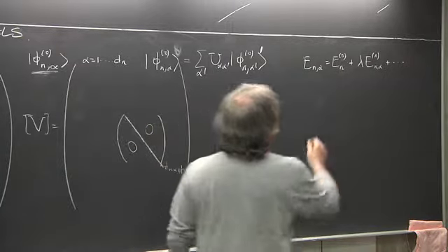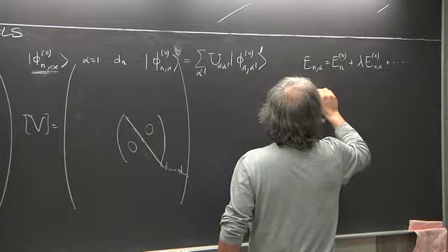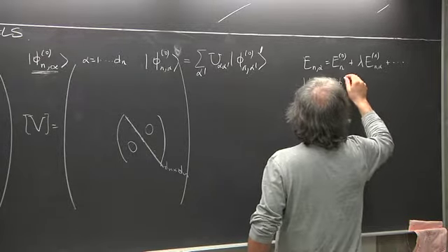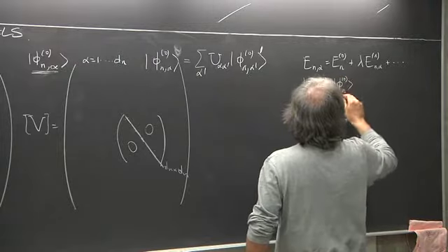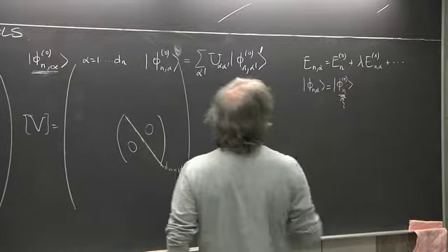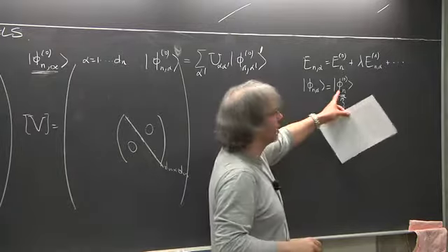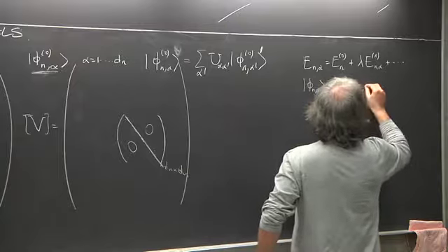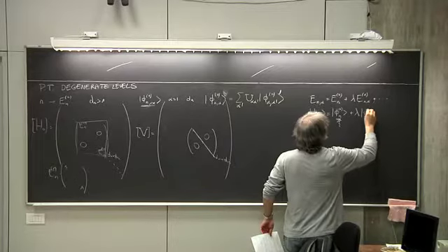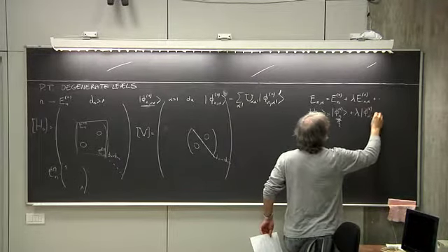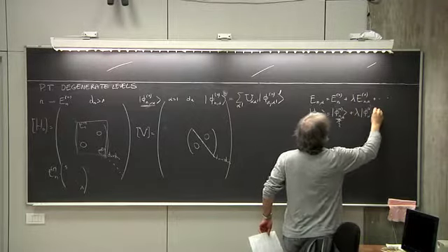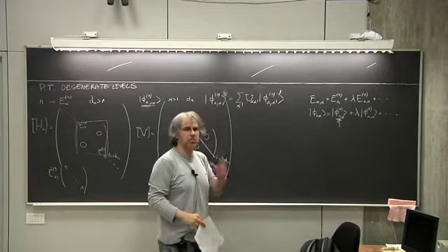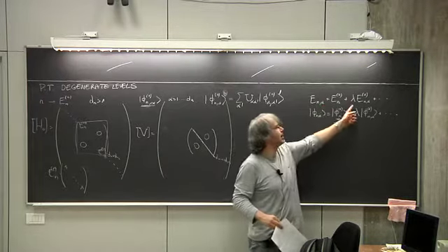Similarly, for the states, I would like to have the unperturbed one, suitably chosen. There is some freedom in this, and I will prove that the best you can do is indeed this, plus some lambda phi1nα plus, okay? This is the general thing we have in mind, expanding.